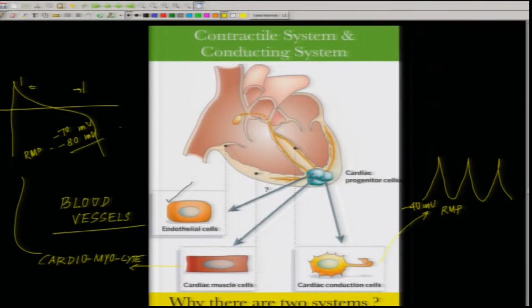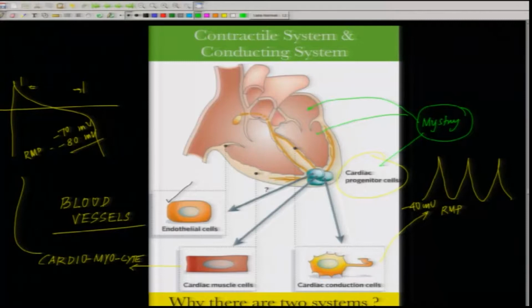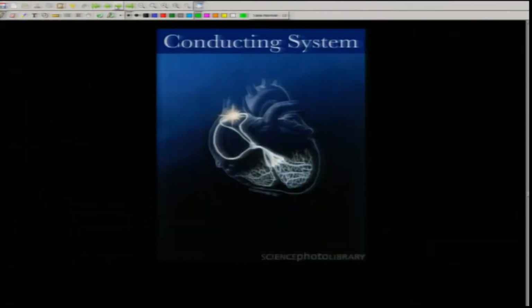And here you have the cardiac progenitor cells whose functions are still a mystery: how they are helping, or could they help in repairing the cardiac myocytes. And here is your SA node, AV node, bundle of His, Purkinje fibers likewise.